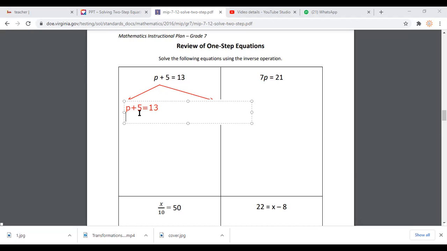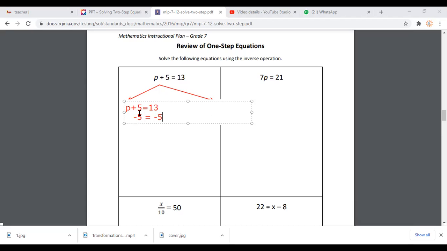What is the additive inverse of 5, grade 7? Yes, negative 5. So we are going to add negative 5 to both sides, right? So the first method, as I said, is to add the additive inverse.